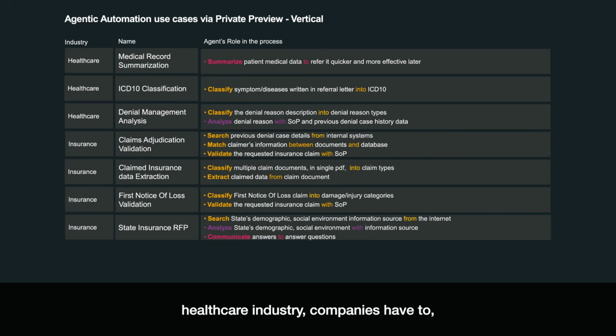So a lot of healthcare industry companies have to take the doctor's note and make a summarization out of it. And we use agent, and we made a specific engineering capability as a backend to specialize to summarize the medical term. So it will produce a very sophisticated summarization of those medical data.